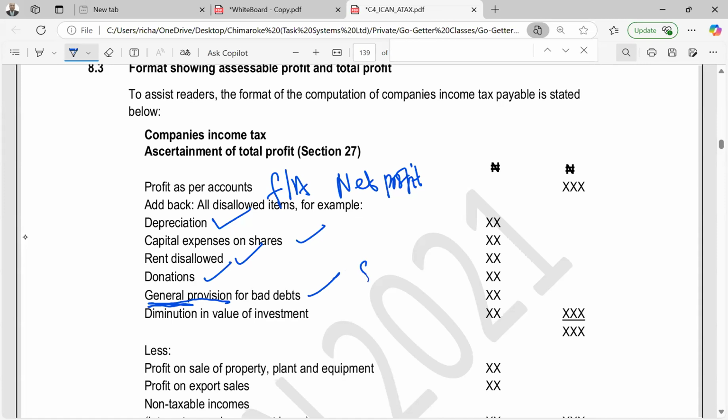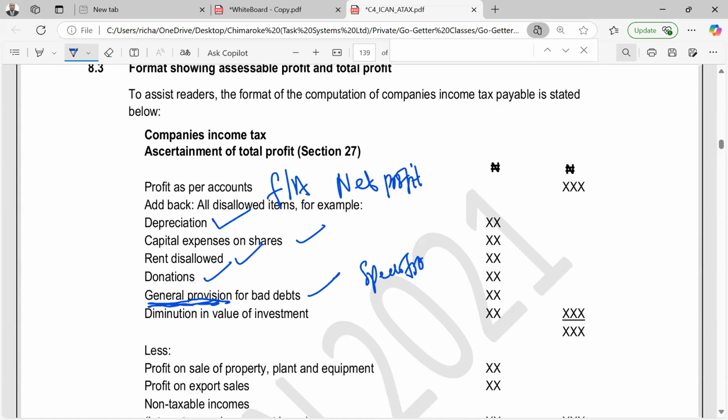If it is specific, it is allowed. Take note, it is provisions that we are talking about, because bad debt in itself has occurred. What is bad debt? This is debt that cannot be paid back. But provision is where we are looking at the possibility of it not being paid back.